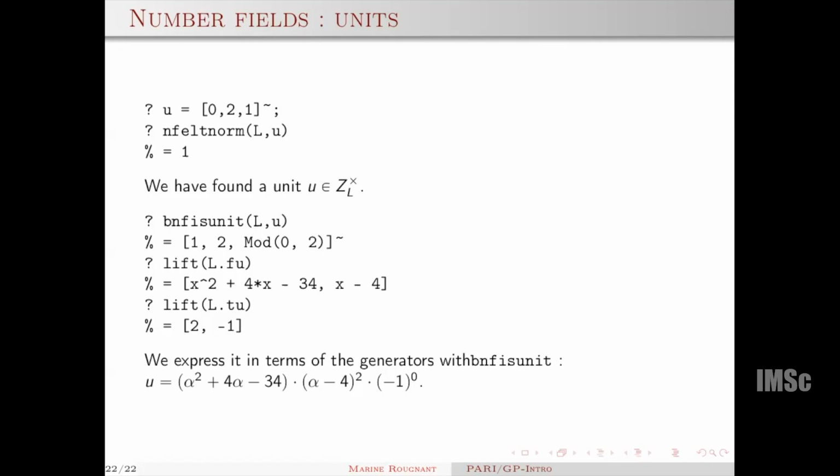So if we list our fundamental units, we have that. So we know that finally U is this first element to the power 1 times this second one to the power 2. And we get that. And the last term here is for the -1, which is your torsion unit, the non-trivial torsion unit. So here you can have an expression in terms of your basis.